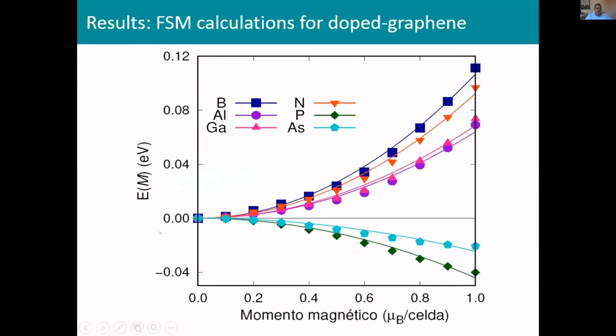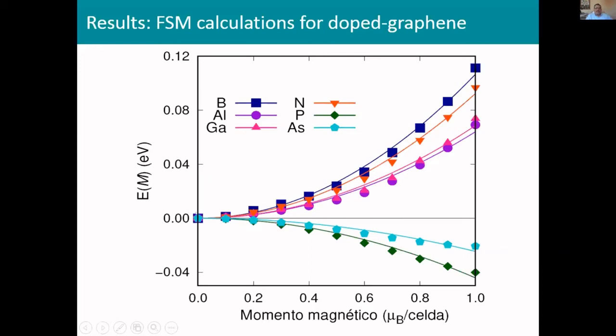So here are the fixed spin magnetic moment calculations. As I mentioned before, we are plotting the energy as a function of the magnetic moment. And as our expectation from the last slide, the cases of phosphorus and arsenic have lower energy when the system is polarized with 1 Bohr magneton, and all the other systems are not magnetic.